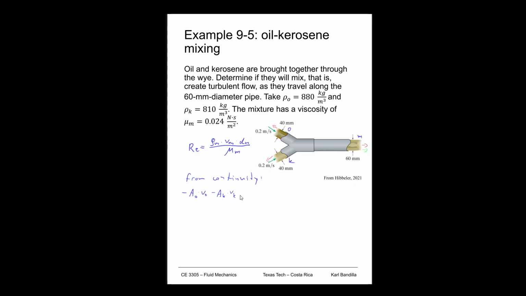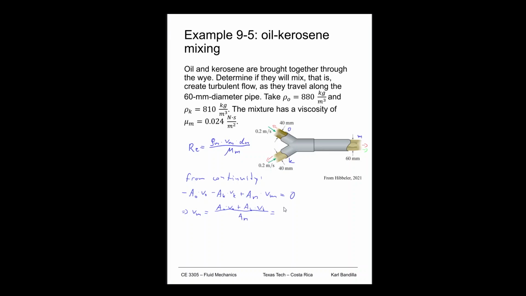And then at the mixed end, we get a positive term because the vectors are in the same direction. So we'd have A mixed times V mixed, and that's equal to 0. So we're looking for V mixed, so we can easily solve that. V mixed is then going to be A oil times V oil plus A K times V K divided by A of the mixed location.